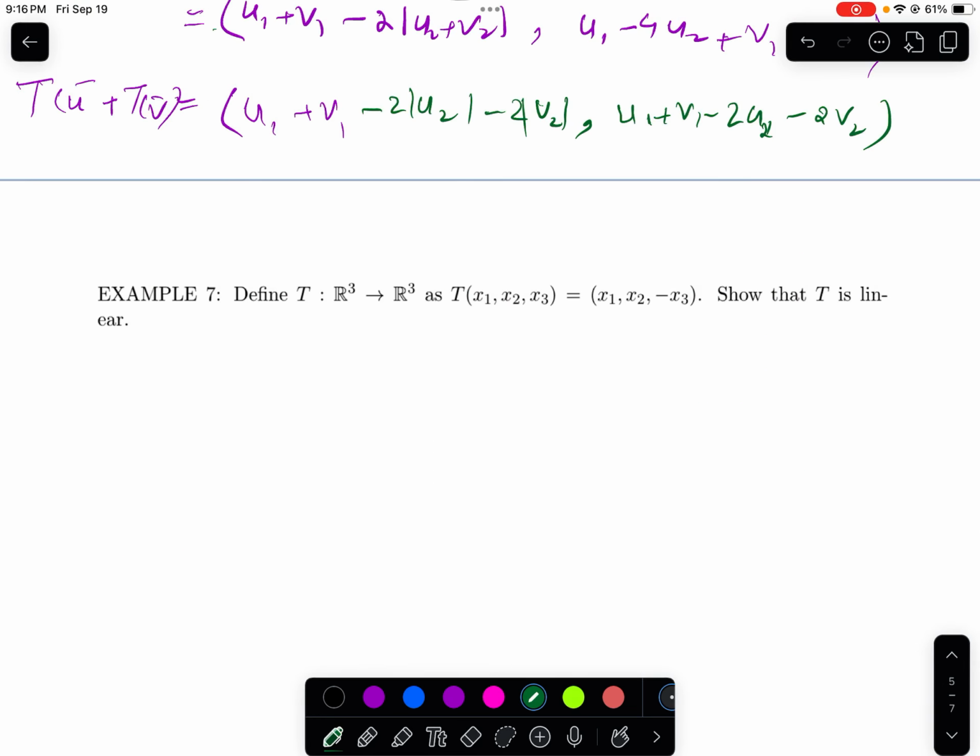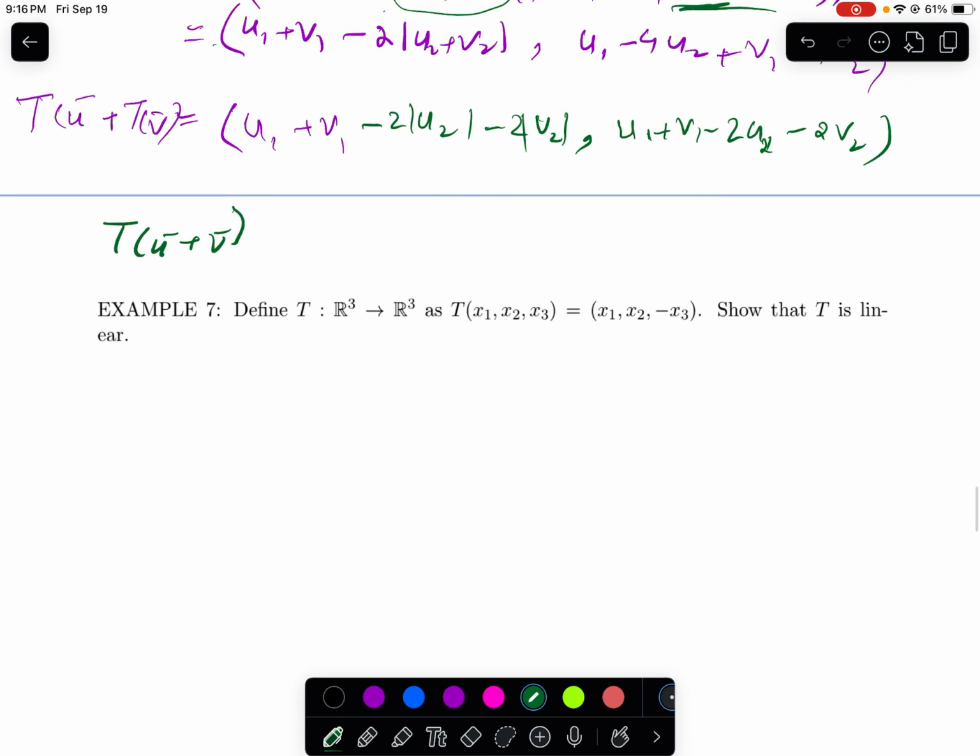So this shows us that T of u plus v is not equal to T of u plus T of v, because the absolute value of u2 plus v2 is not equal to the absolute value of u2 plus the absolute value of v2.